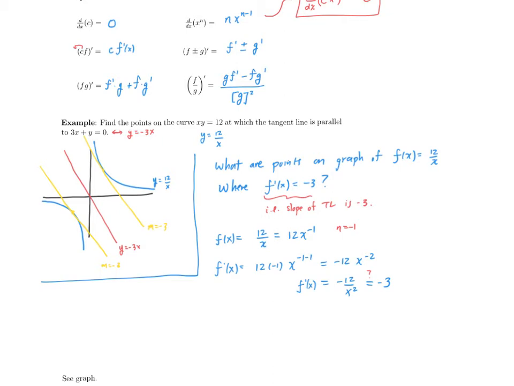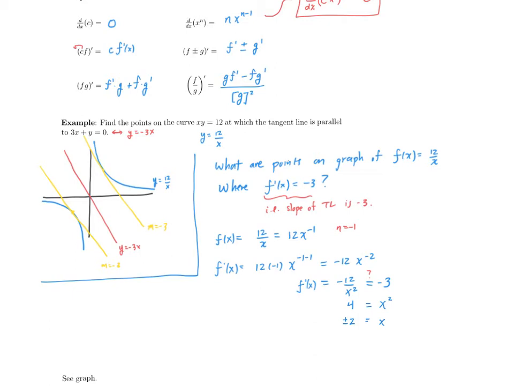I have placed the question mark over the equal sign just to indicate that we are trying to solve for the quantity of x that would make this equation true. So if we want to isolate and solve for x, we would multiply both sides by x squared and divide both sides by minus 3. So the values of x that would satisfy this would be plus or minus 2.